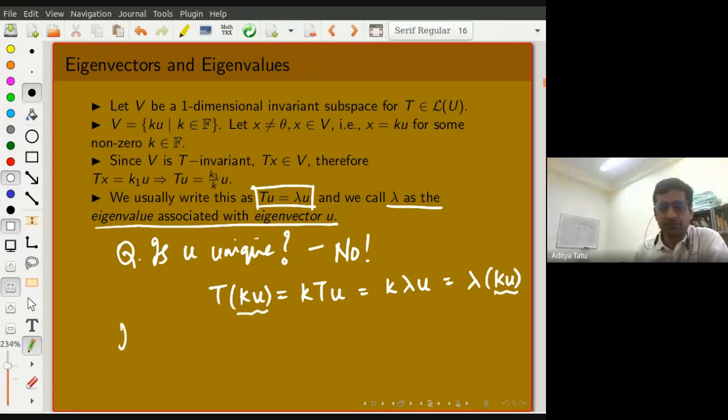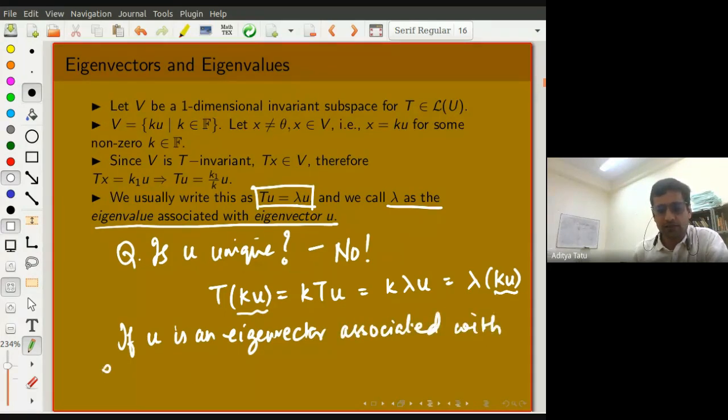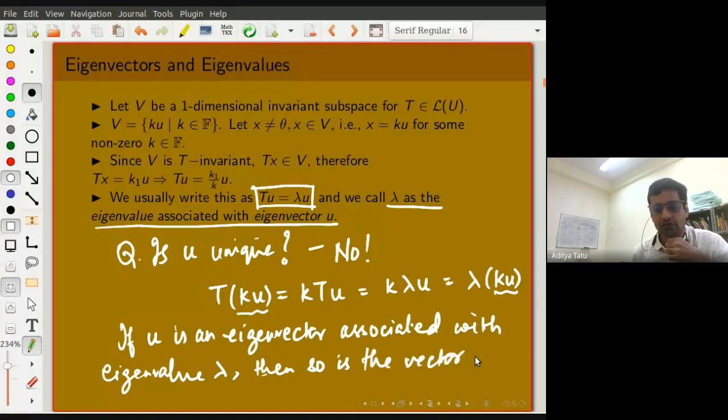Okay, so that means if U is an eigenvector associated with eigenvalue lambda, so is the vector K times U for any K which is not 0.